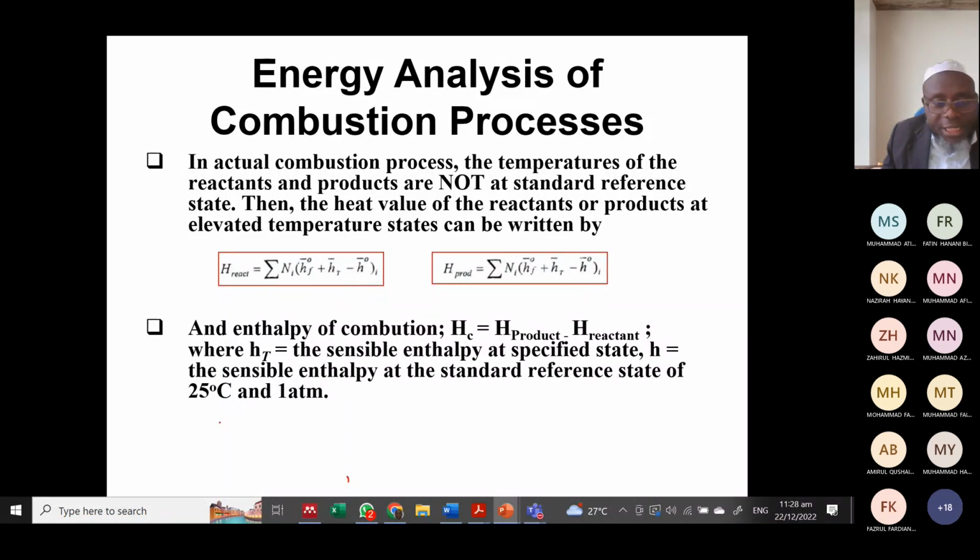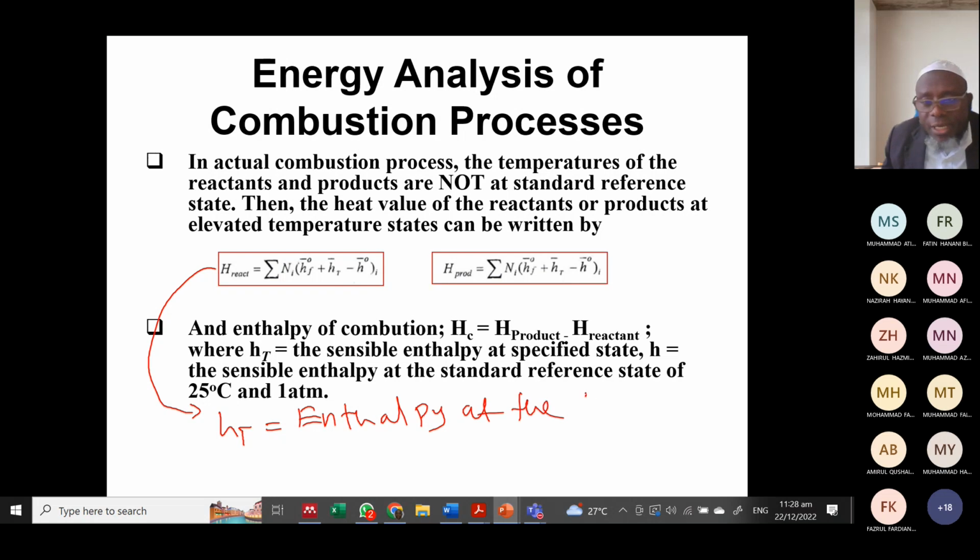HT. So HT, we are again looking at this. HT is the enthalpy at the given state. Enthalpy at the given state means that it could be at any temperature apart from 25 and 1 atmospheric pressure. It could be the enthalpy at, let's say, 80 degrees Celsius, at 90 degrees Celsius.